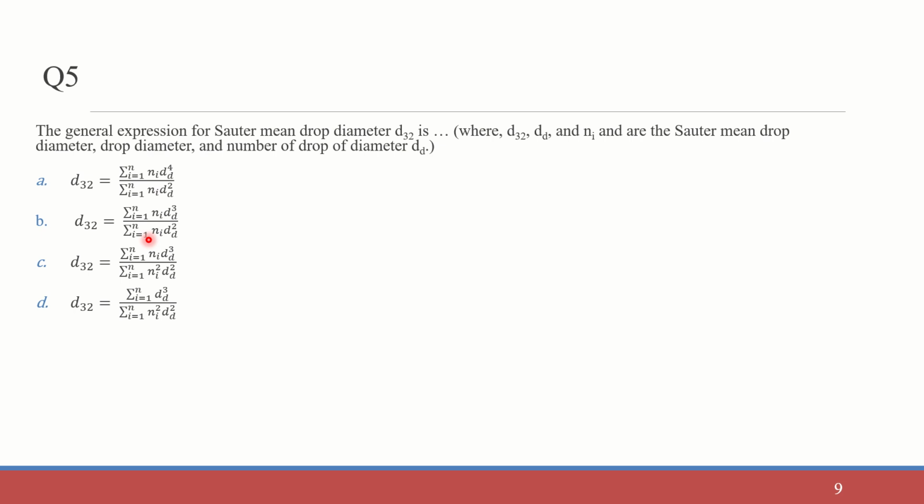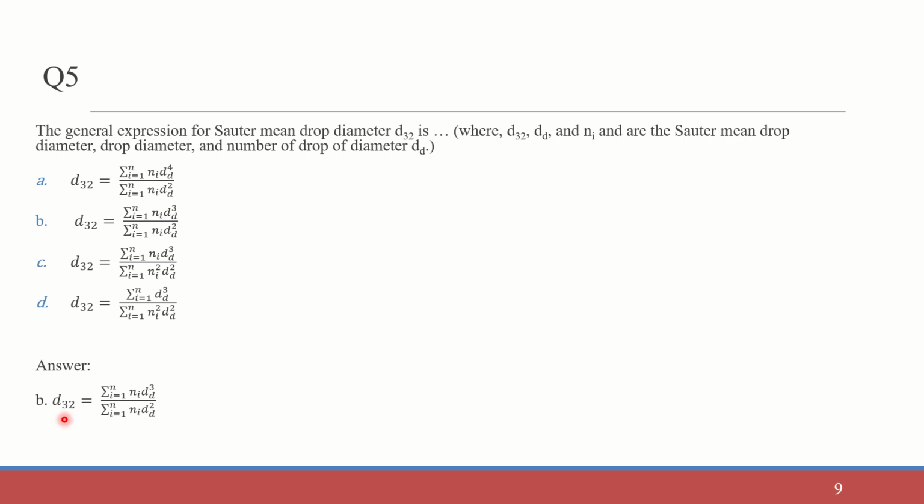The thing to be noted over here is that in most cases, if the options have 3 and 2, the answer would also have similar things in the numerator and denominator. In most cases it would be the case, but please verify when you are dealing with such problems and make sure that is right. But the general observation from my end is that, and so option B is the right answer.